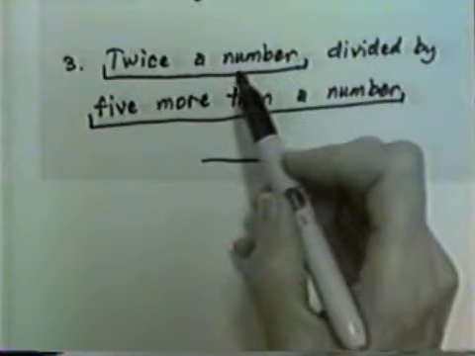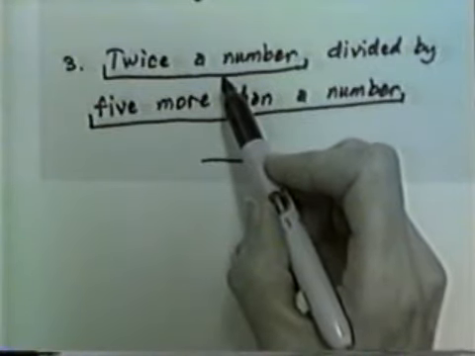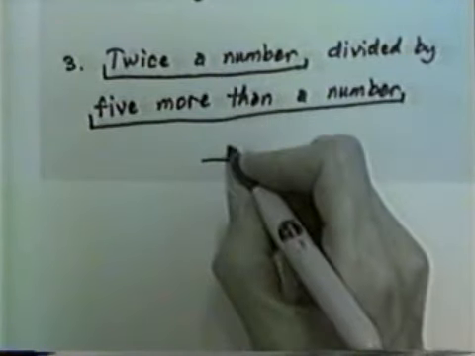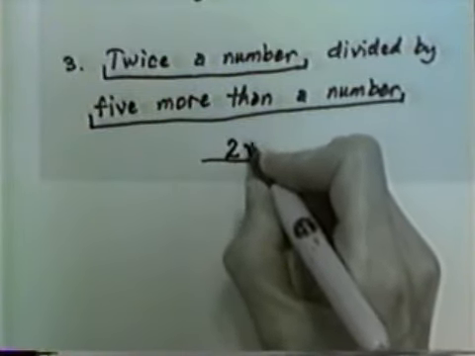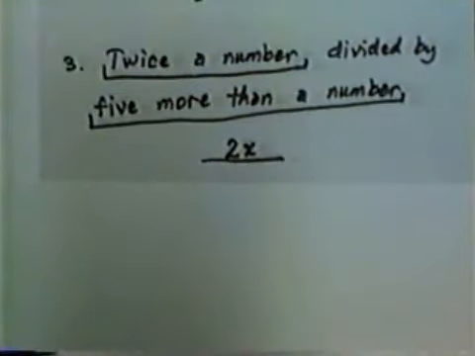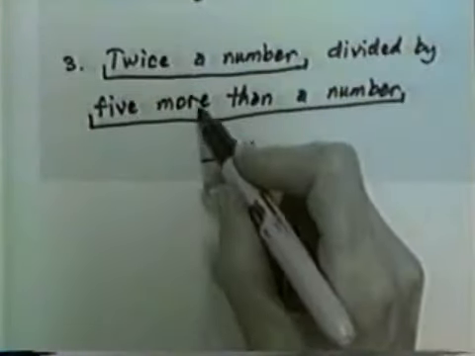The first thing that we get to is in the numerator. Twice a number means 2 times the number, so we'll write 2x. The numerator is 2x. After divided by, the next phrase is 5 more than a number. More than is a key phrase.